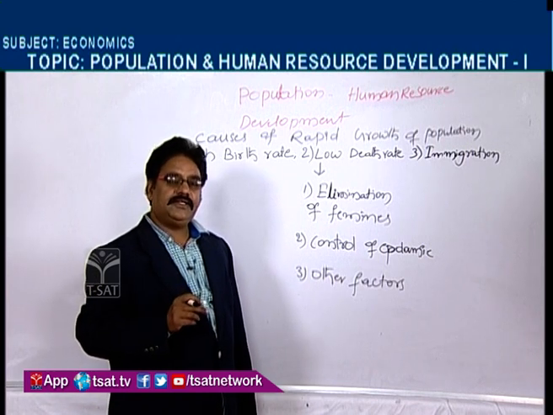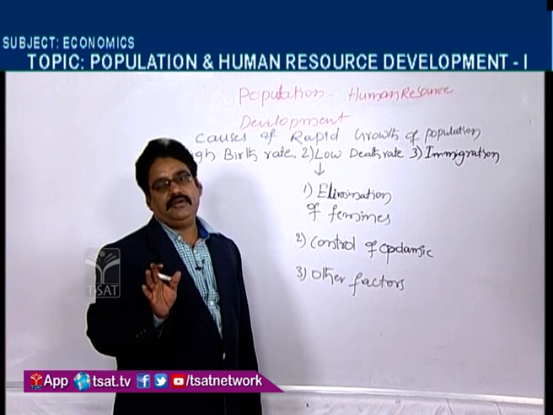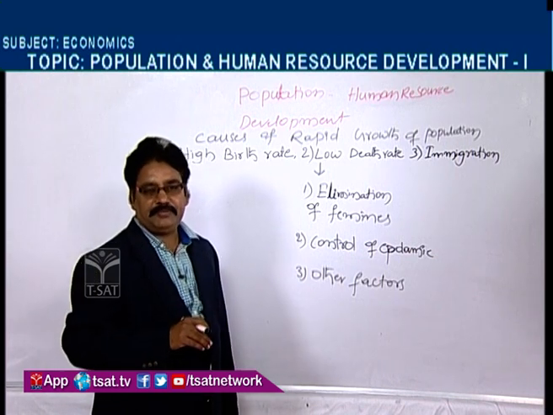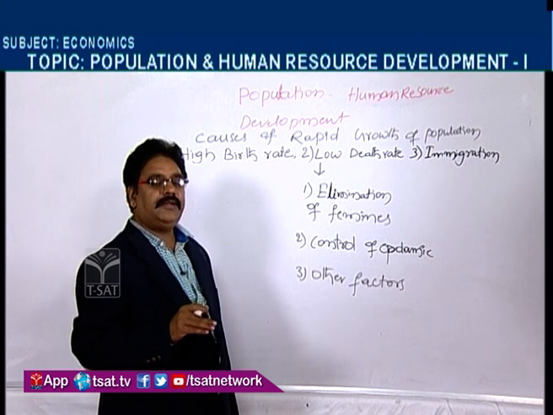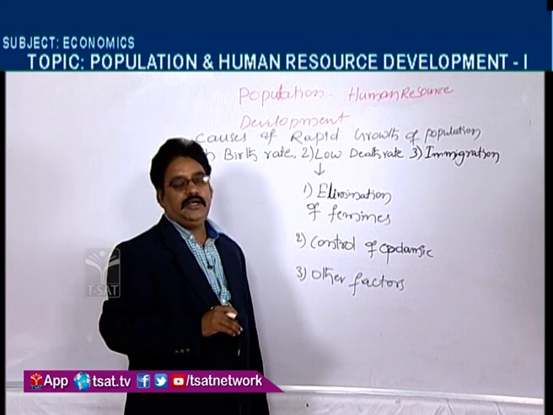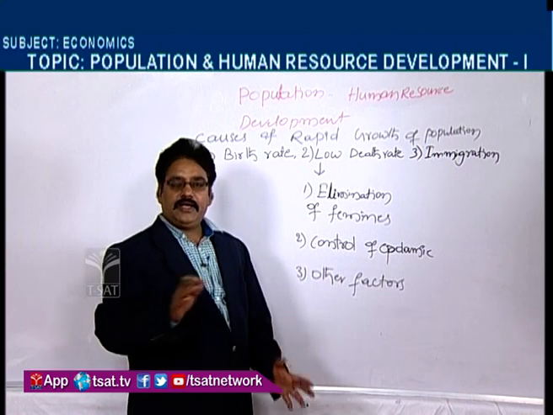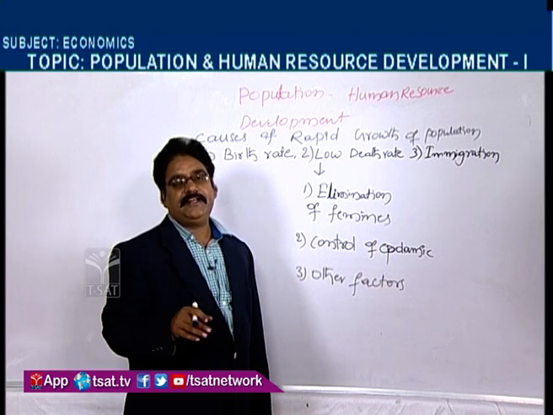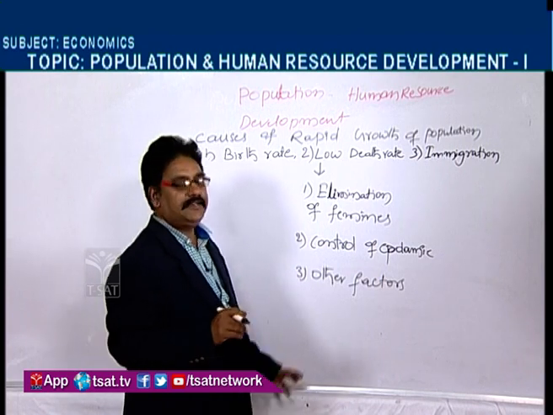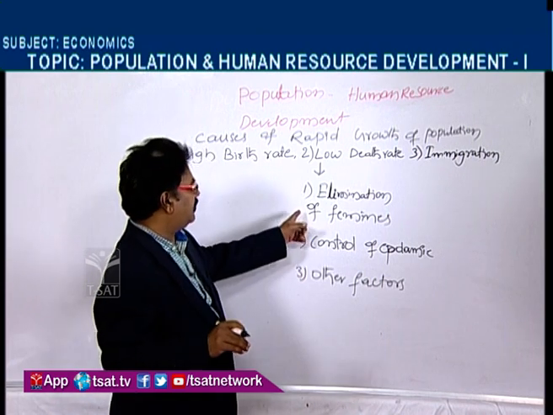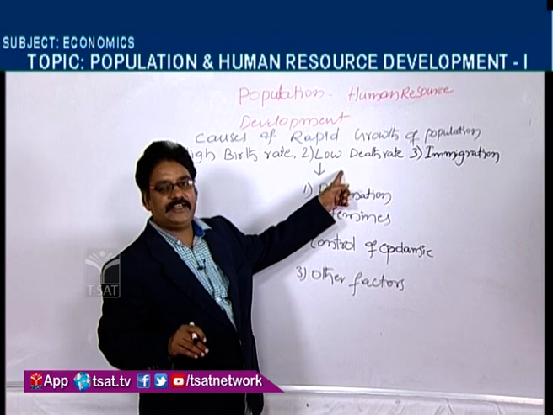Because of famines, we observed a high mortality rate during that period. After getting independence, the government took the necessary steps to control famines, and by providing facilities to eradicate them, we controlled the mortality rate. That is one of the reasons for low death rates.